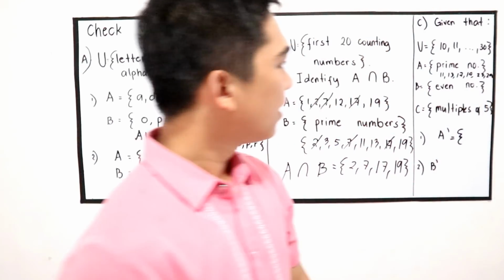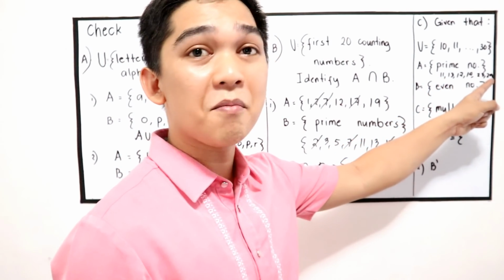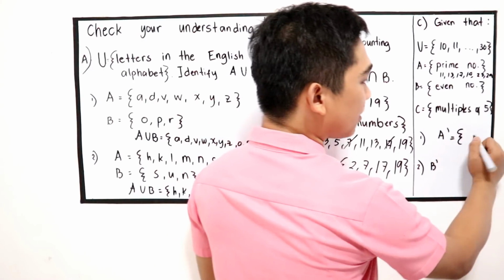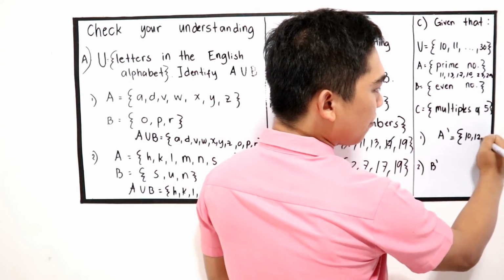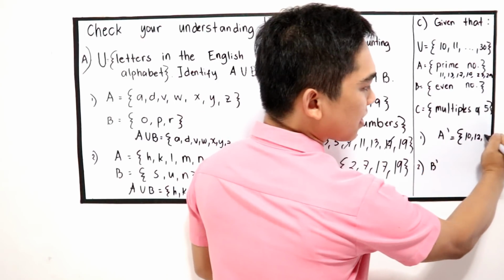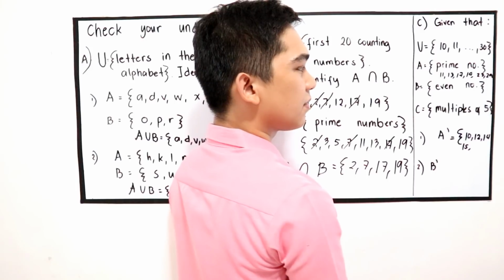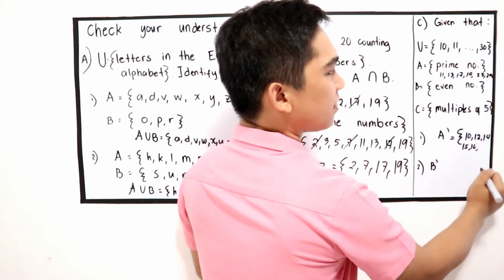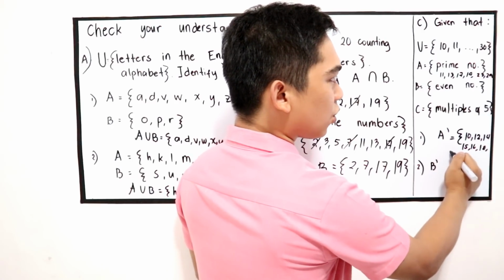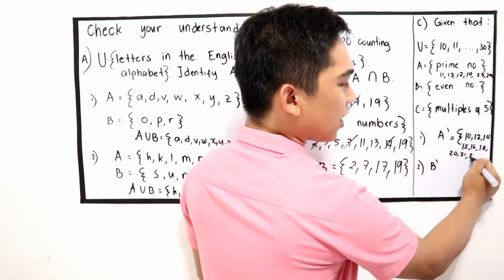Okay. So we're going to remove these prime numbers to find the complement of A. So we have 10, 12, 13 is a prime, next is 14, 15, 16, 18, 20, 21, 22.